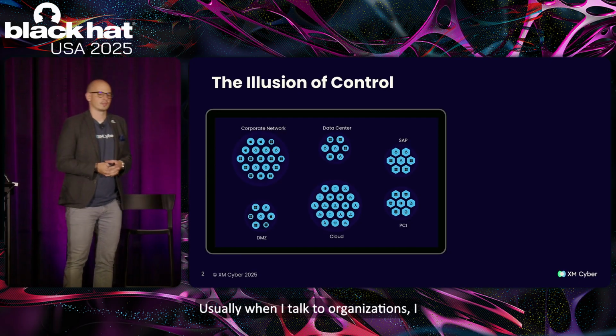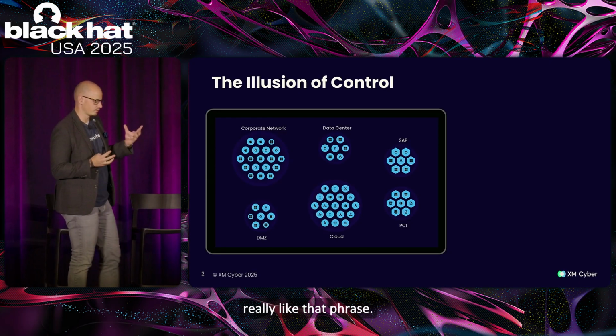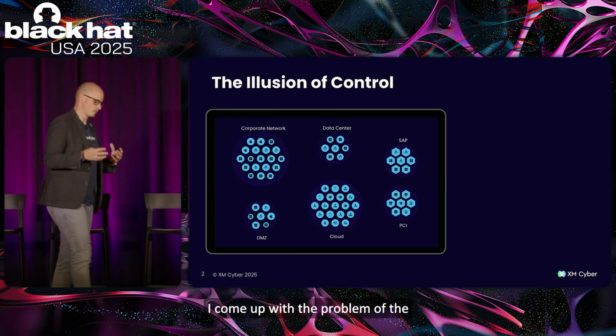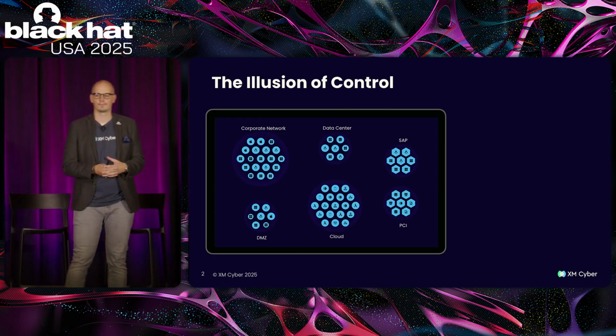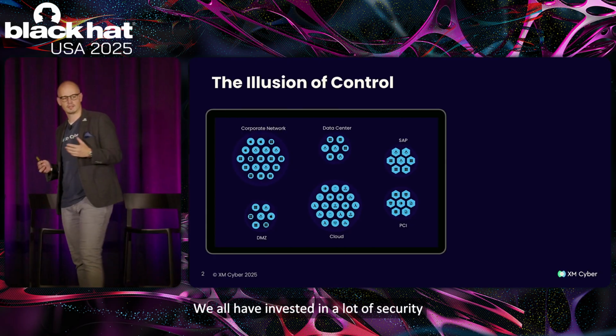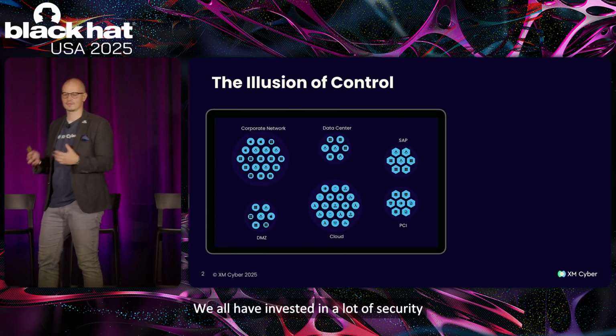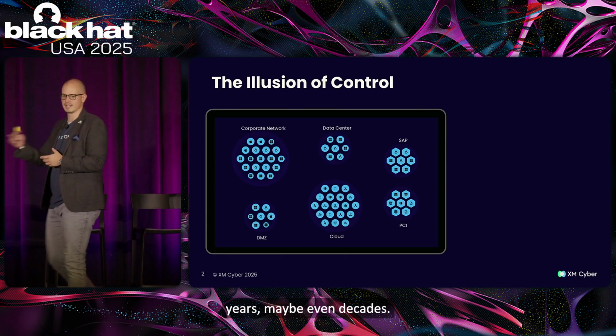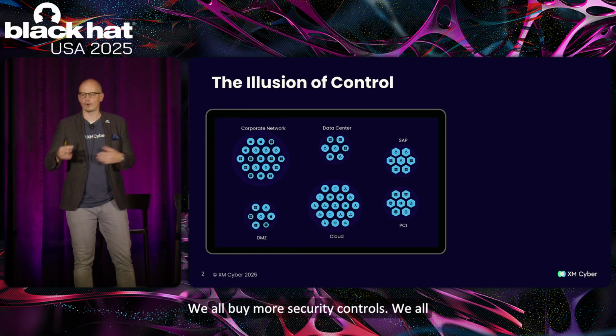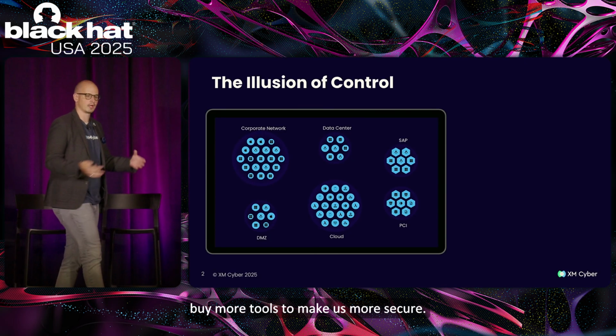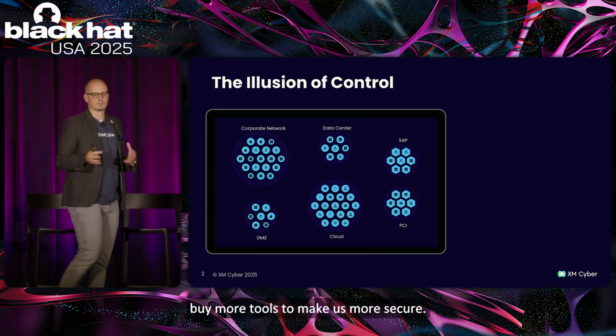Usually when I talk to organizations, I come up with the problem of the illusion of control. We all have invested in a lot of security controls over the past years, maybe even decades. We all buy more security controls, more tools to make us more secure.